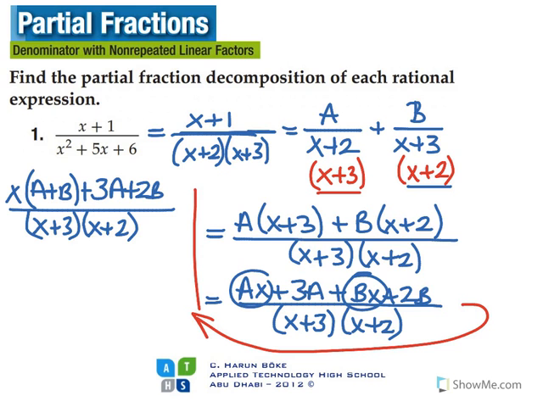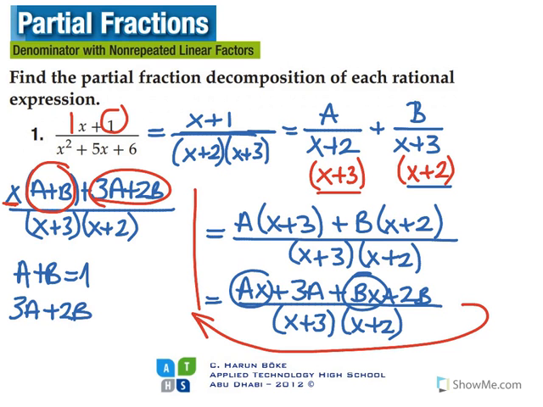Now the coefficient of x here is 1, so a plus b should be 1. And on the other hand, the number 1 here should coincide with 3a plus 2b, so 3a plus 2b equals 1 also.